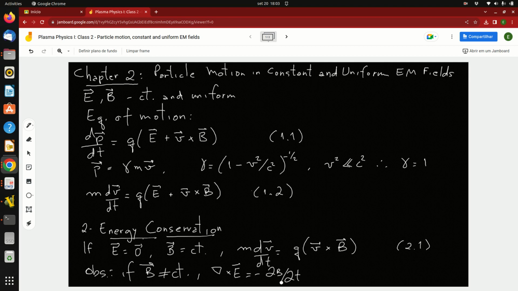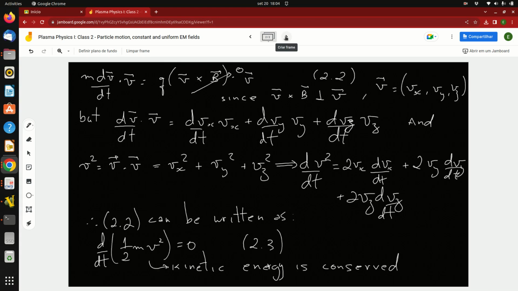So if the magnetic field changes with time, you cannot have a zero electric field because of this equation. So we will not consider a situation where B is not constant and E is equal to zero. This is impossible, so no need for us to test that hypothesis.